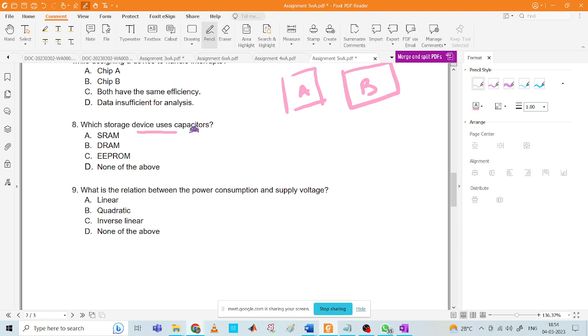Which storage device uses capacitors? Anyone?